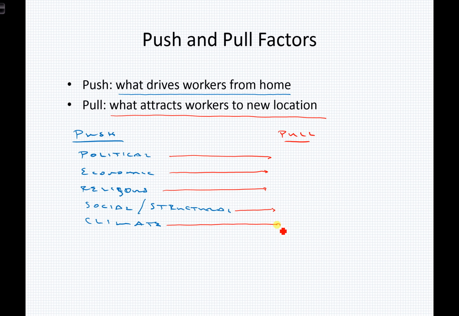But they're going to be negative factors when they're push, and they're going to be positive factors when they're pull. So we can think about these as negative factors for push, positive factors for pull, or motivating factors to go somewhere. Political unrest in one nation might be escaped to go to the political openness and freedom of a nation like the United States or Canada or perhaps Great Britain and other parts of Western Europe.